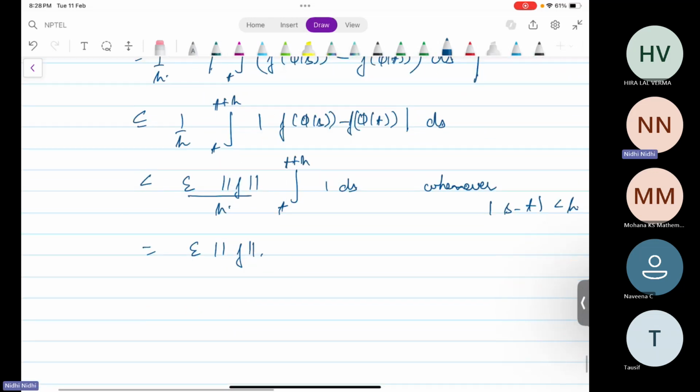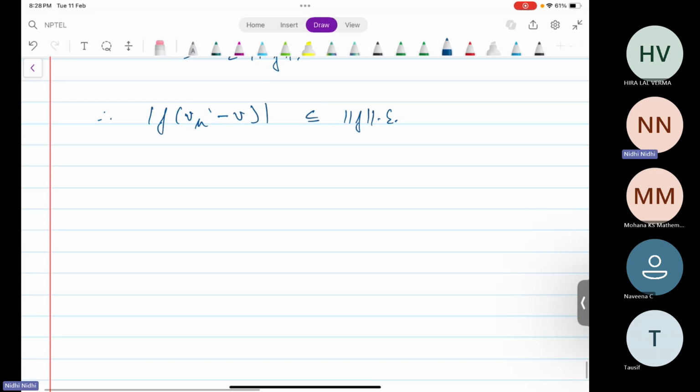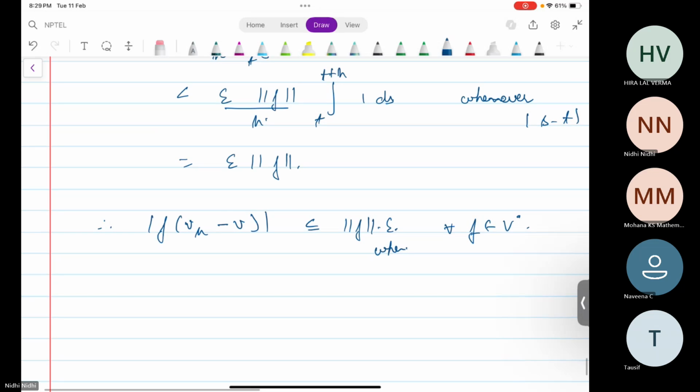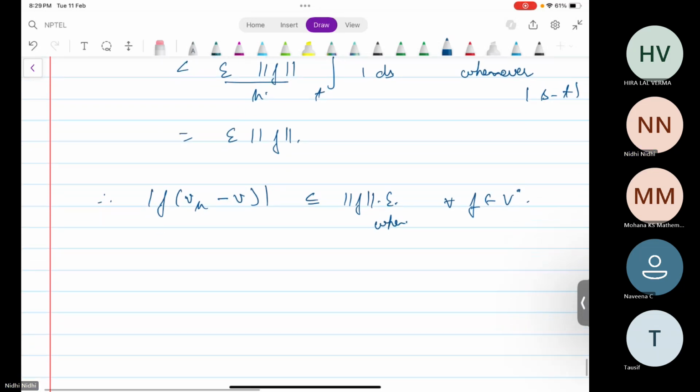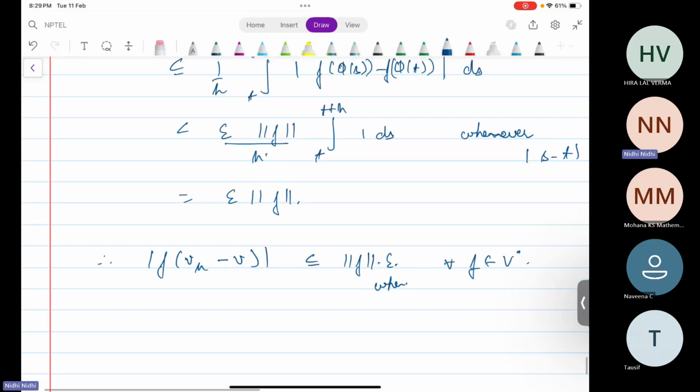Now since this f in v star was arbitrary, therefore we have mod f of vh minus v is less than or equal to norm f times epsilon for every f in v star. Now I claim that using this we get norm vh minus v tending to 0, for every h less than h epsilon.